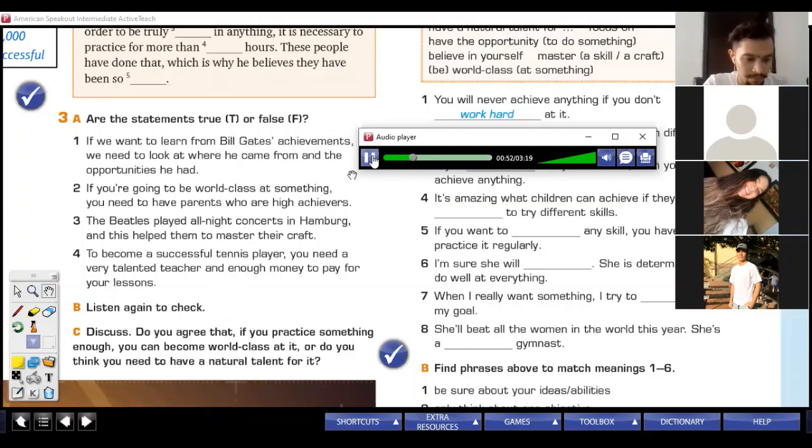and he joins me. Now, his new book is looking at success. Yes, and what he says is that if we think about somebody like Bill Gates, a hugely successful person, and we want to learn from his achievements, then what do we look at? We look at what that man is like, what drives him. What does he do on a day-to-day basis? How can we be more like him?